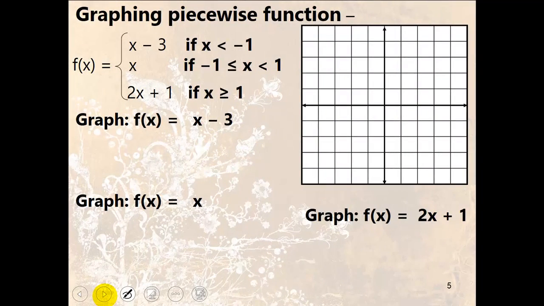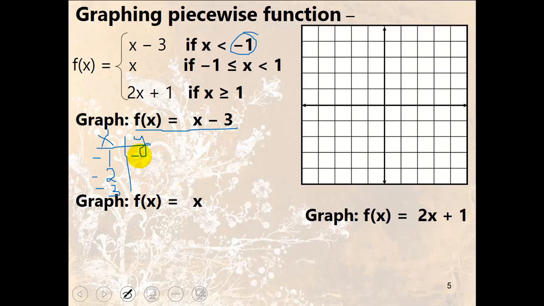Let's try another one. This is 3 pieces, so we're just going to do exactly the same thing with 3 pieces. All right, so I'm graphing this part that's f of x is equal to x minus 3. What values do I get to plug in? Well, I'm going to start with my critical value, -1, and I've got to go to the left. So -2, -3, and I'm going to plug that in and calculate my y's.